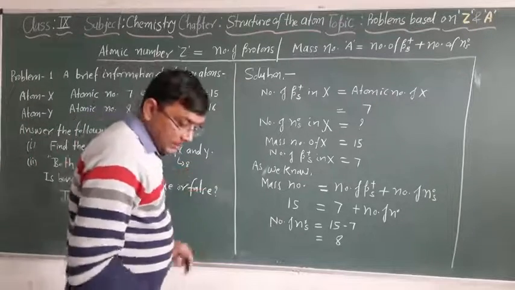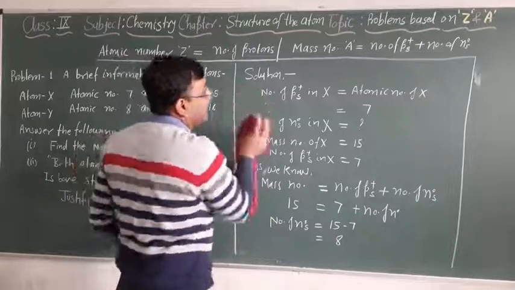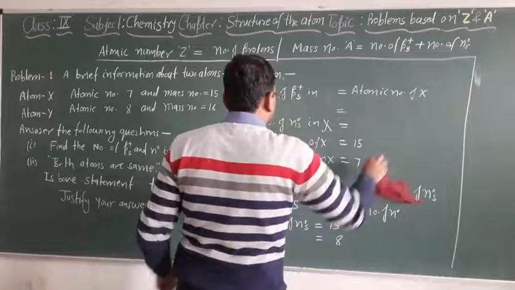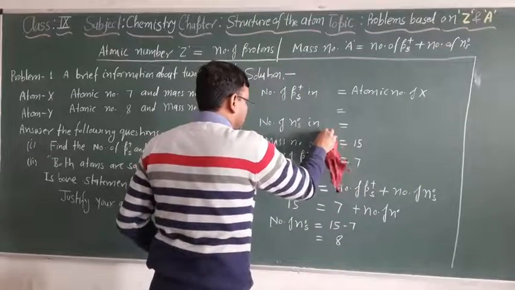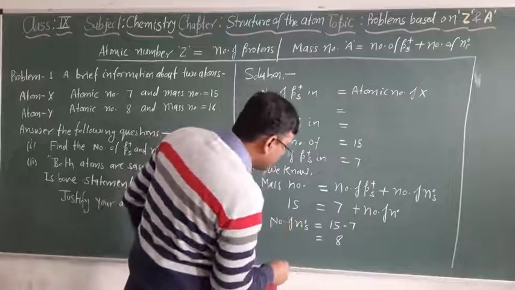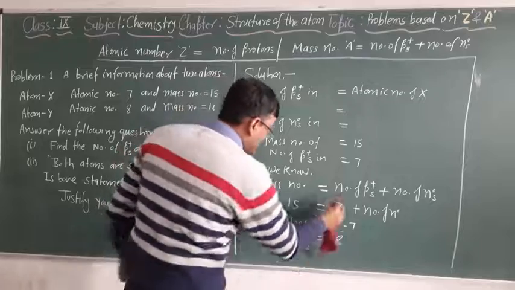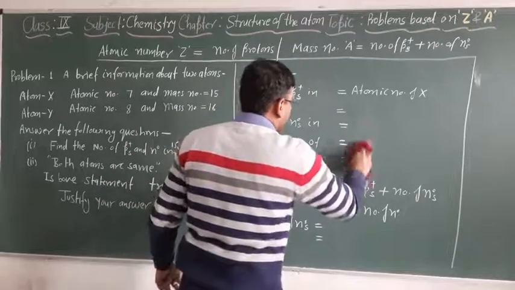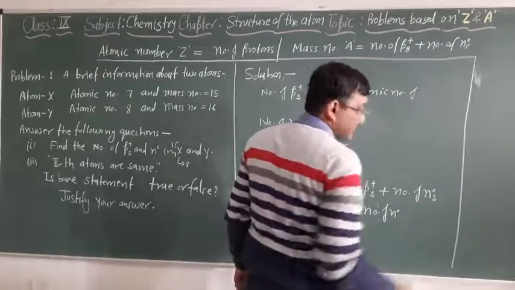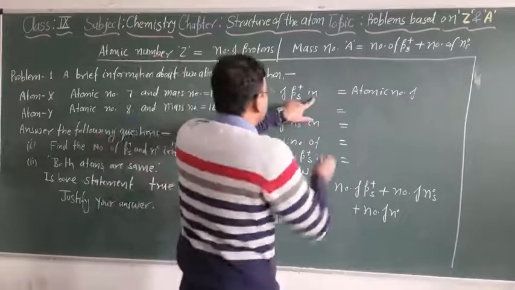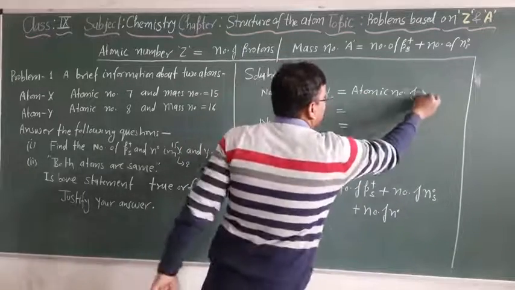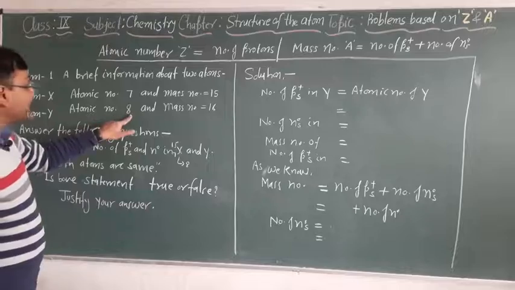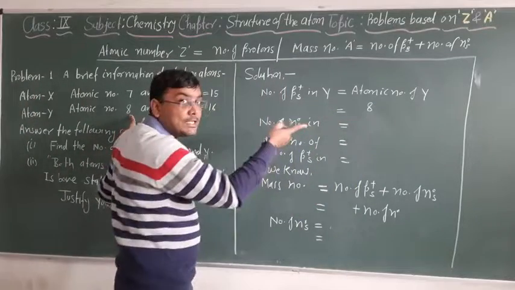What about Y? So let us find for Y. Now see, number of protons in Y is equal to atomic number of Y. Atomic number 8, so number of protons will be 8.